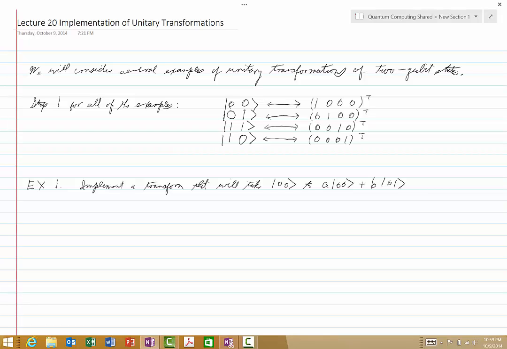Now, that is the only information that is given. So this means that we're free to choose how this transform acts on other states.